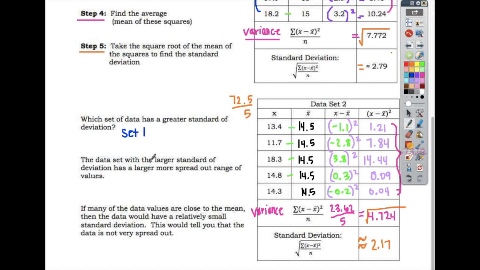The data set with the larger standard deviation has a larger, more spread out range of values. If many of the data values are close to the mean, then the data would have a relatively small standard deviation. This would tell you that the data is not very spread out, and that's what we were talking about at the beginning. But now we can see it in our actual standard deviation values.